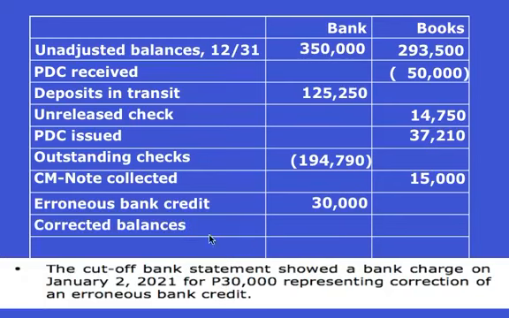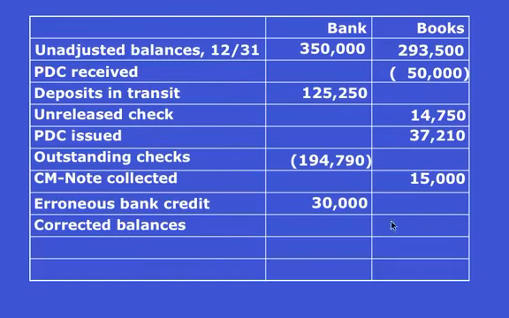Get the corrected balances. Bank and books. Okay. As corrected, bank, books.